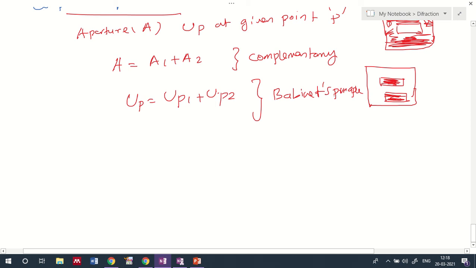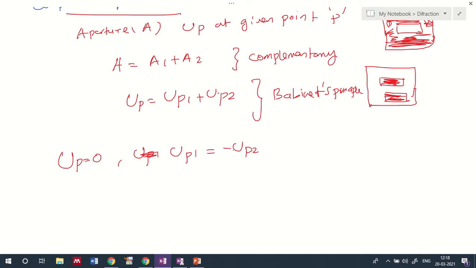Babinet's principle is very useful in certain special cases, especially if UP equals 0. In that case, UP1 will be equal to minus UP2. The complementary apertures in this case yield an identical optical disturbance, except that they differ by a phase of 180 degrees.